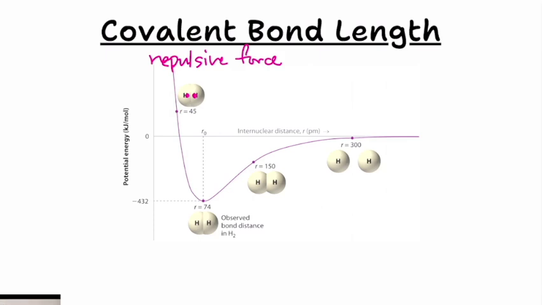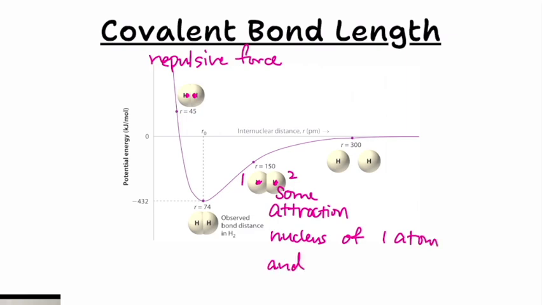Okay, what if they are separate from each other, and then there is a slight overlap of the electron cloud? Then in this scenario, there will be some kind of attraction. There will be some attraction between the nucleus of, let's say, atom 1 and the electrons of hydrogen atom 2, and vice versa.